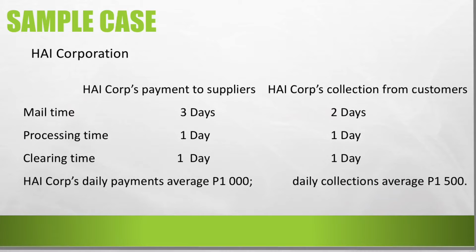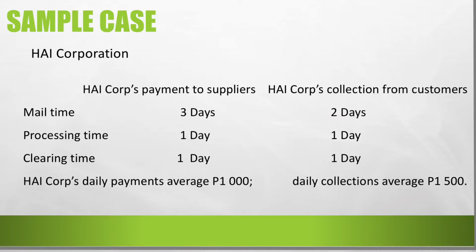Let us refer to the following case. HAI Corporation has the following payment delays to suppliers: mail time 3 days, processing time 1 day, clearing time 1 day. HAI Corporation's daily payments average 1,000 pesos.